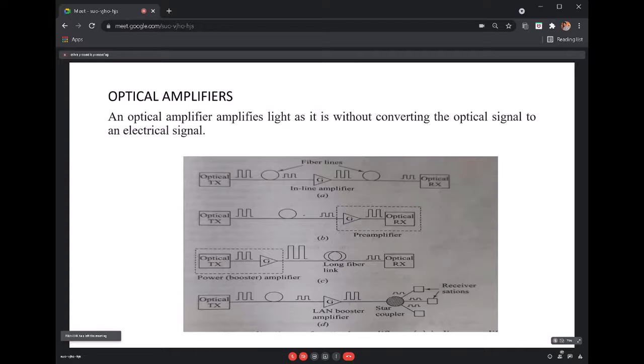For example, one might be coupler link loss, power splitting loss, material mismatch. Different losses will be there. At that time you will be using these LAN booster amplifiers, with which we can compensate for such losses.